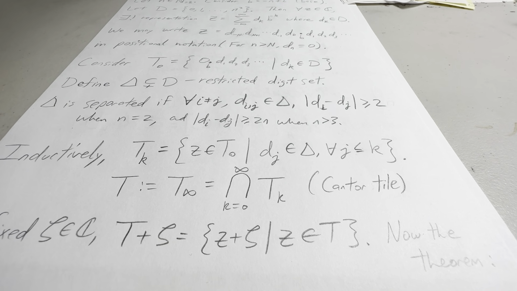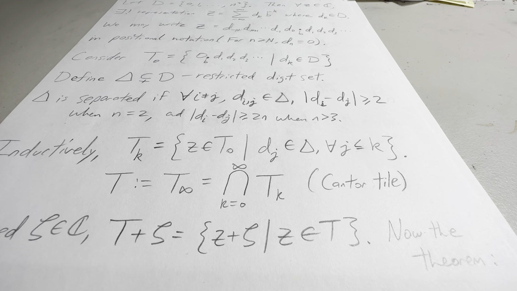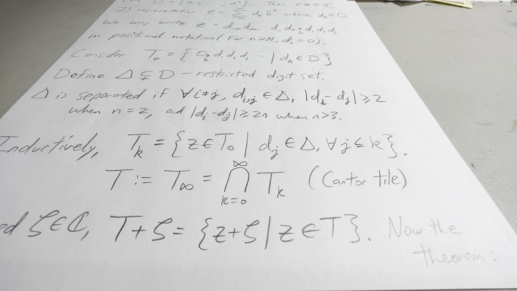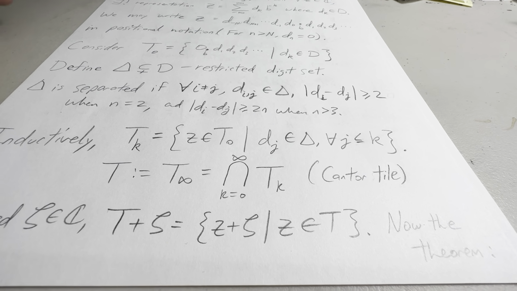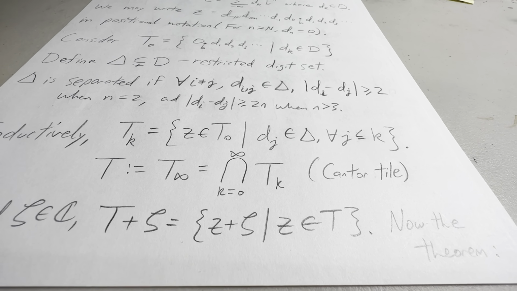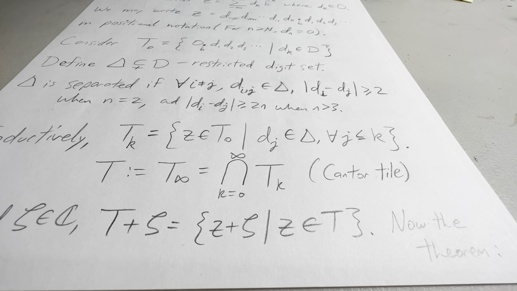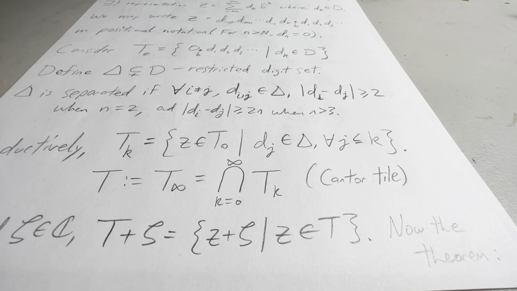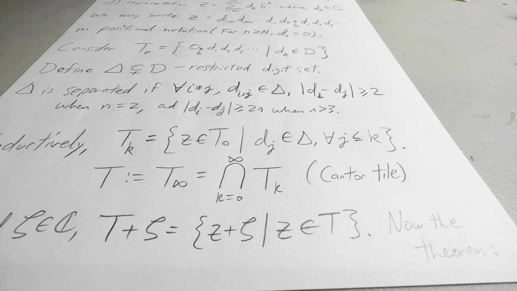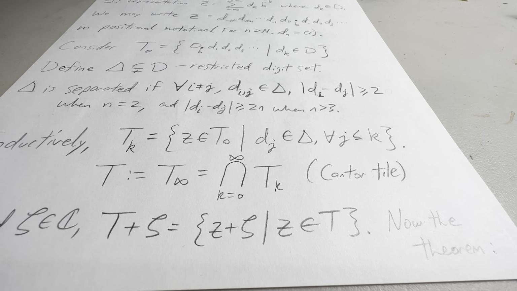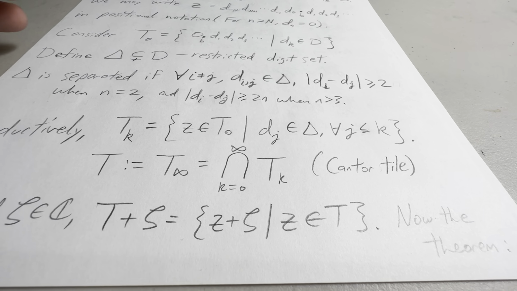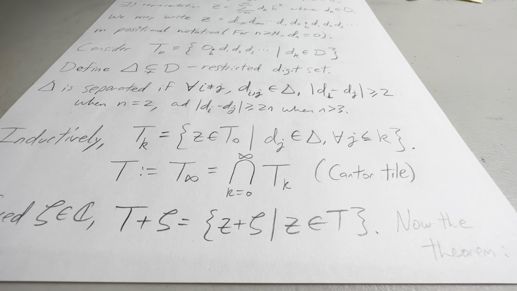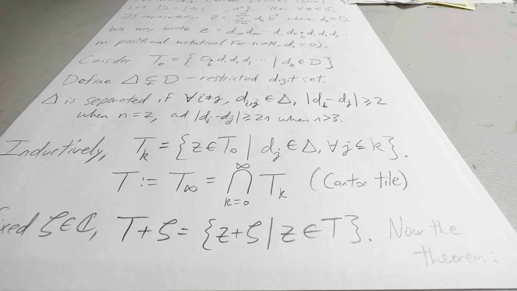And here in parentheses, I wrote Cantor tile. We did not call it that in the paper. It's just when I was writing this up, I thought that was a pretty clever name to call it, because it's like a Cantor set, if you're familiar with the middle thirds Cantor set construction. This should be obvious why Cantor was my favorite mathematician in that one video, because of how much research I did with Cantor sets. But here, the set is a tile, so Cantor tile was just a natural thing to call it.